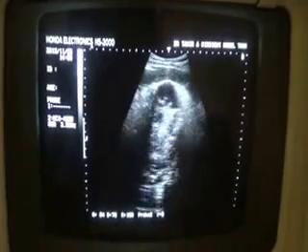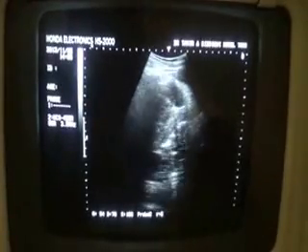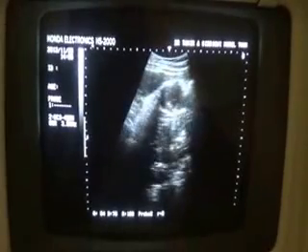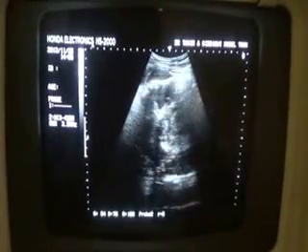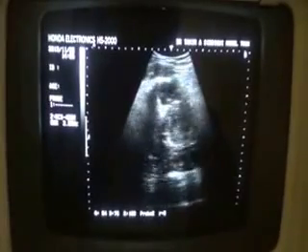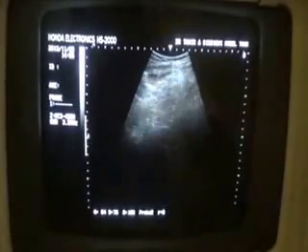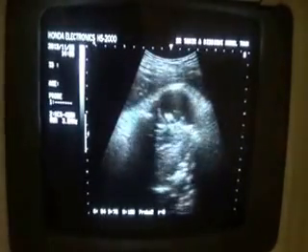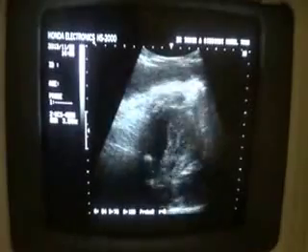And now I am giving an almost 180-degree sweep to the probe to show you that the mass does not change its shape, and remains almost the same in its internal configuration. However, I am going to magnify and show you the mass in total.